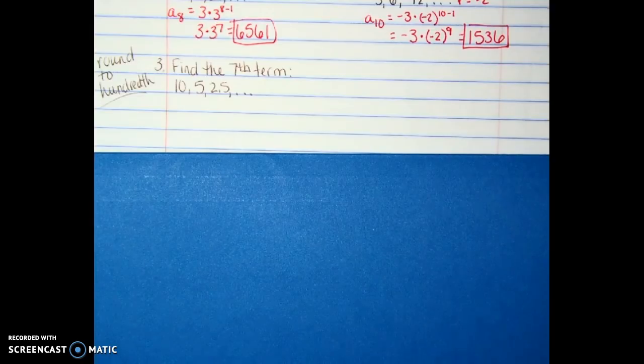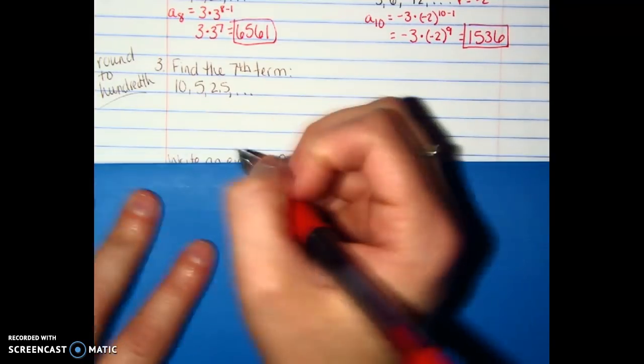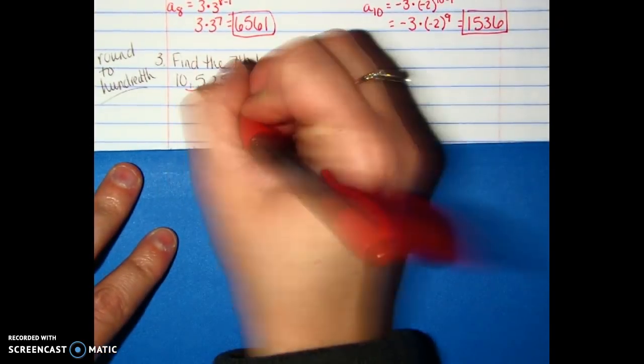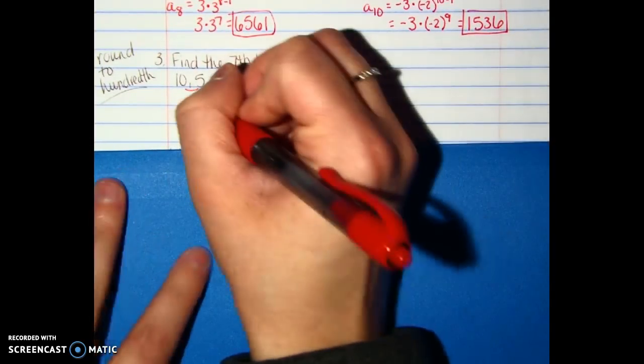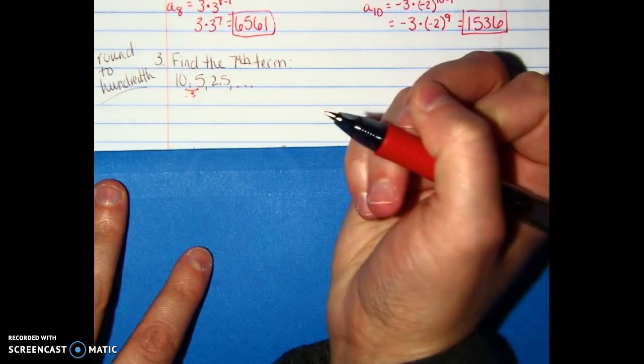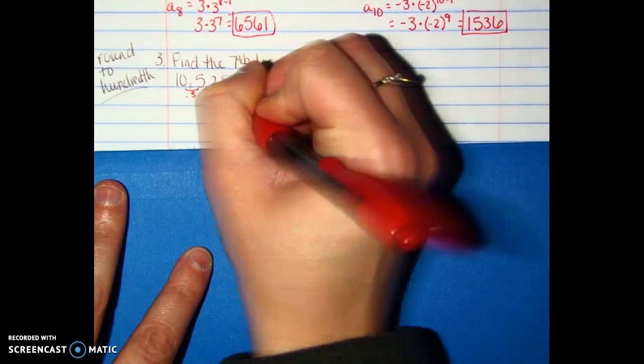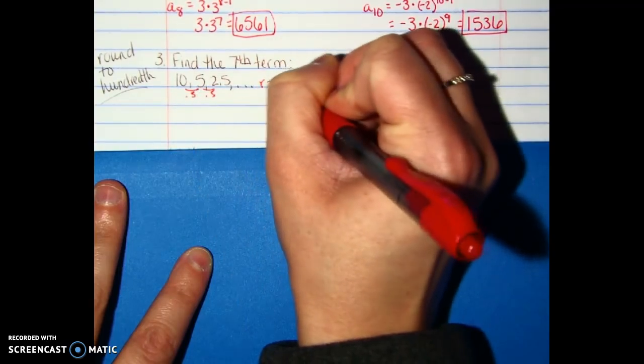Okay, one more like this. Notice over here I put round to the 100th. You're going to get a decimal on this one. So 5 divided by 10 is 0.5. And 2.5 divided by 5 is 0.5. So here r equals 0.5.